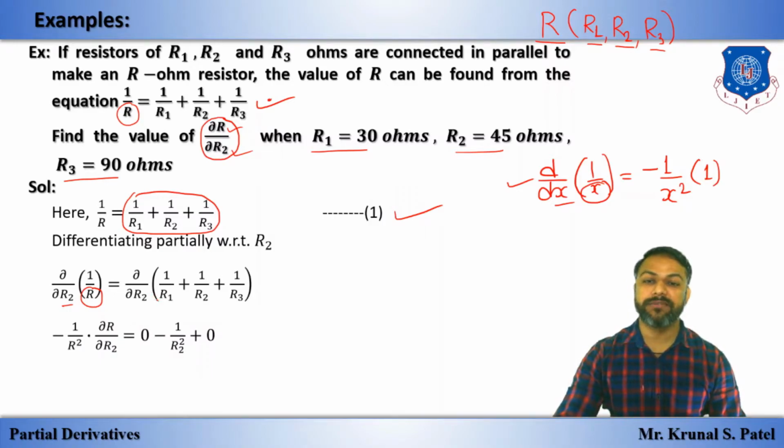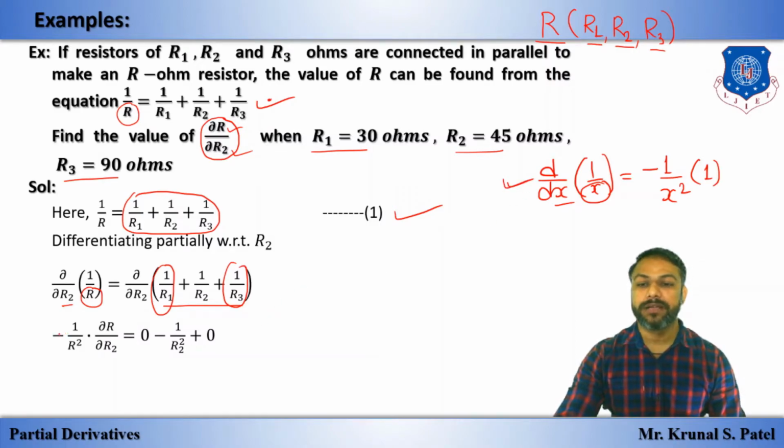Okay, and in the same way differentiation of this bracket with respect to R2: this R1 and this R3 will be 0, because when we differentiate partially with respect to R2, both terms are constant and differentiation of a constant is 0, and differentiation of 1 by R2 is minus 1 by R2 square as per this formula.